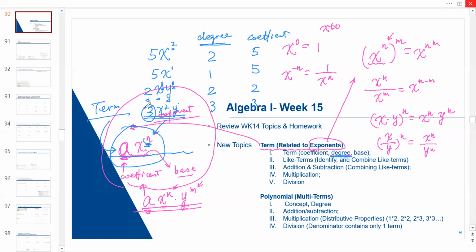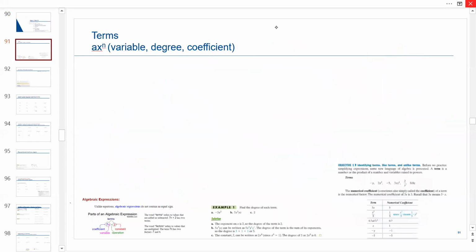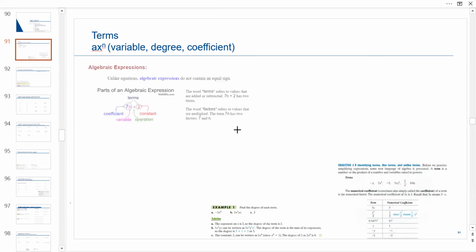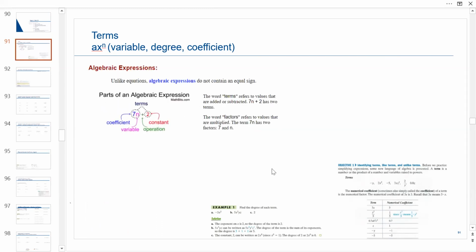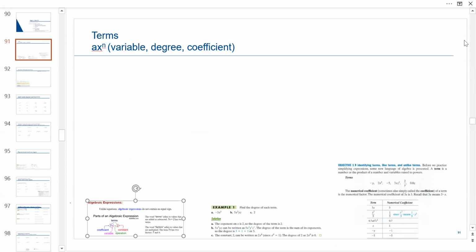Maybe I already talked about this on the next slide, so I should go to the next slide. Oh yes, I talked too quickly here. This is not a good example, so let me go back to what I said.